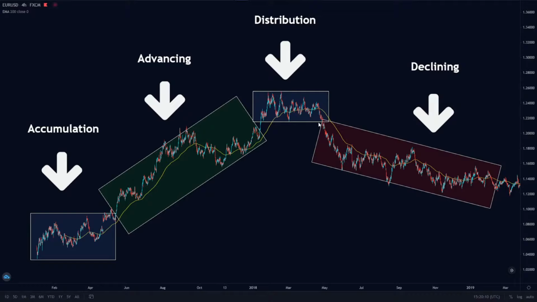So eventually, if buyers are no longer interested to push the market higher, what you will see most likely is that the price is going to decline for some time. There are many factors that can affect the market price. These are fundamental and technical factors, but that's the general interpretation of the market.